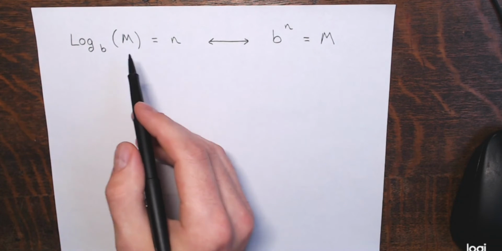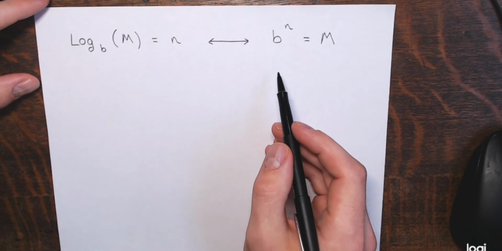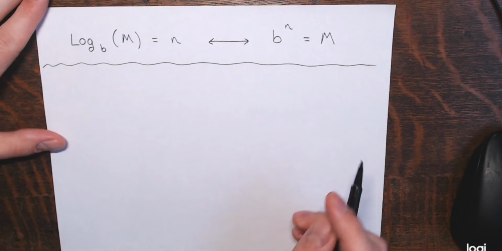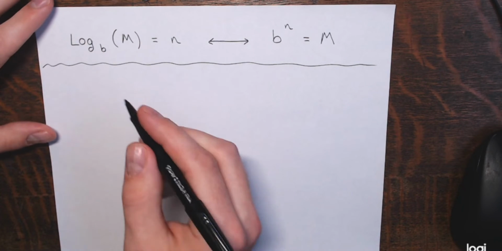And this should look familiar from earlier in chapter 6, going back and forth between these. So this is going to be key for this objective anyway, where they're asking us to use the definition of a logarithm to solve equations.